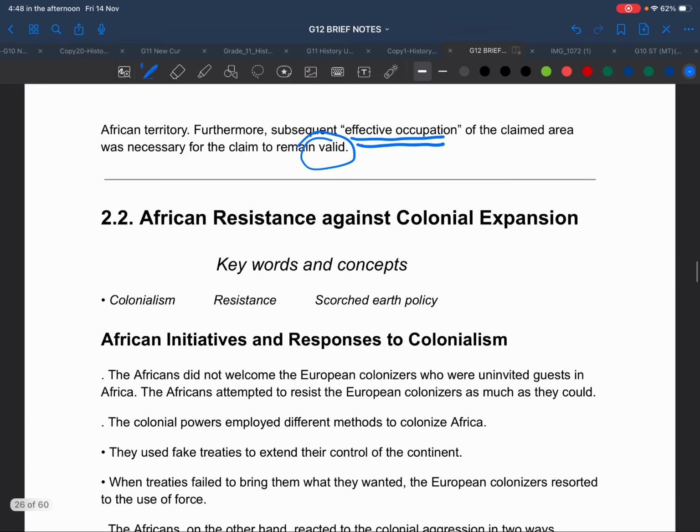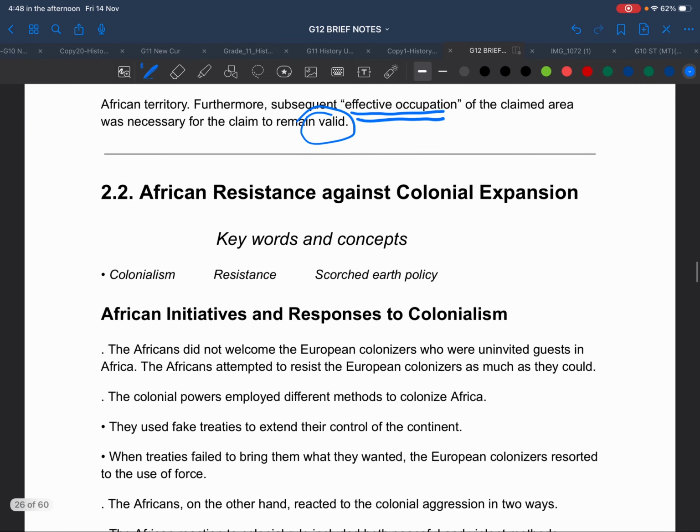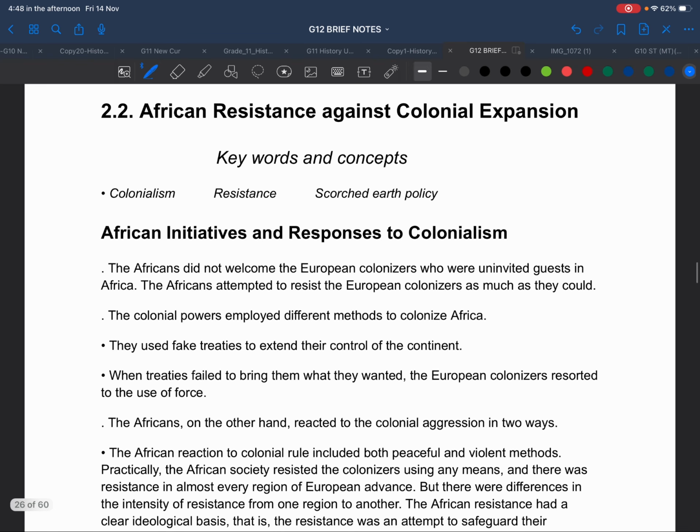Effective occupation meant a complete domination by that European power over a specific area of the continent of Africa.